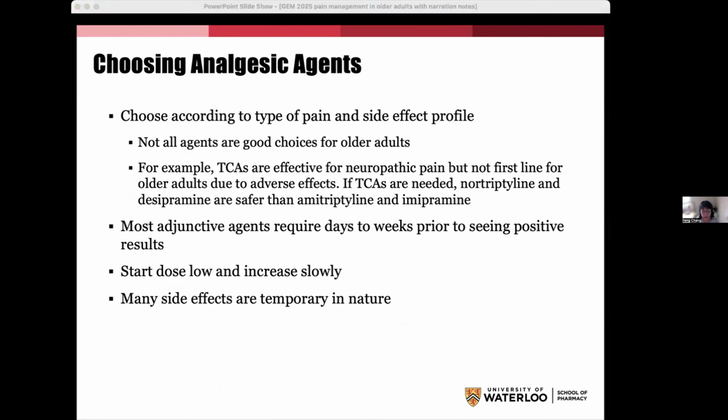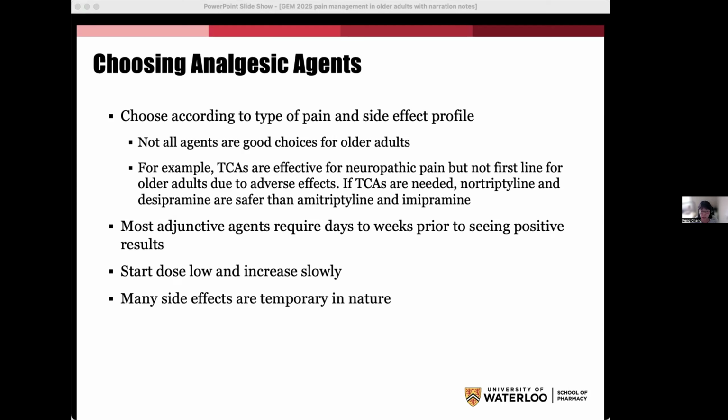Okay, so the simple thing that people always say is choose your agent and individualize your choices. So what you want to do here, one is look at the type of pain, and the other is the safety profile for the medications. So not all agents are good choices for older adults, even if they're very effective for the condition that you're trying to treat.